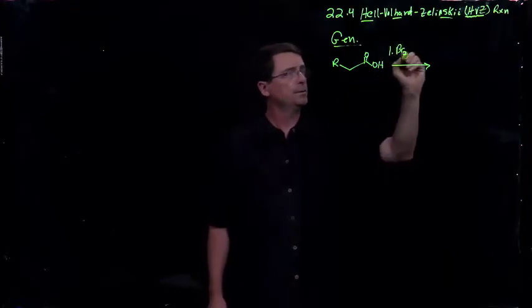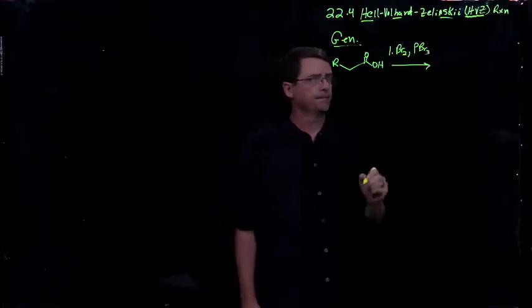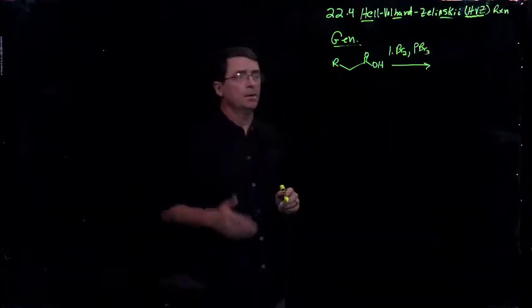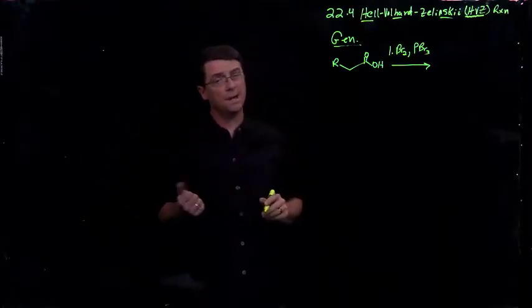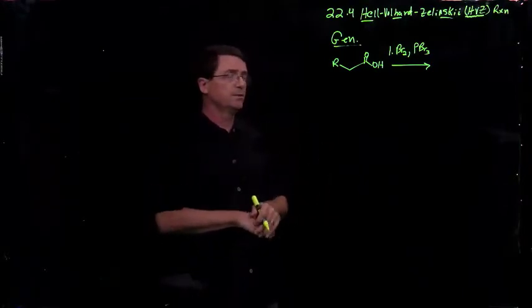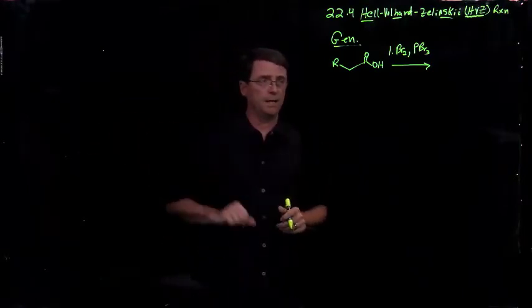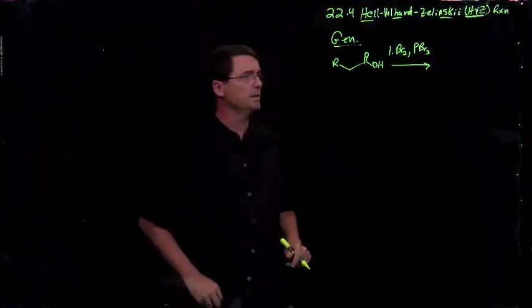We need Br2, but we're also going to need PBr3, because we saw for ketones that the enol form was not highly favored, and for all the other carbonyls it's even less so than the aldehydes and ketones. So carboxylic acids don't tend to form significant quantities of enol.